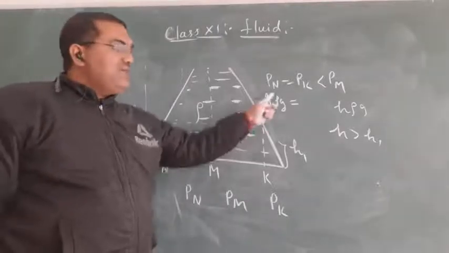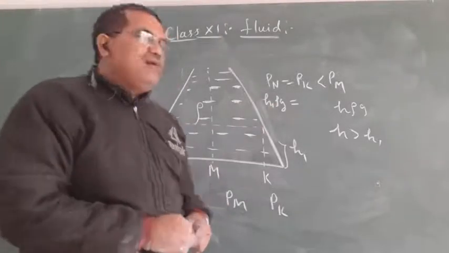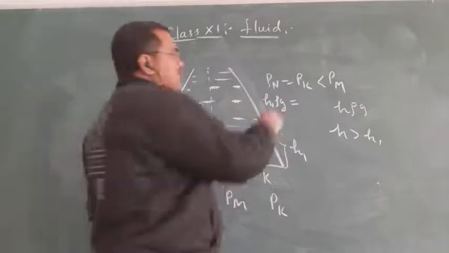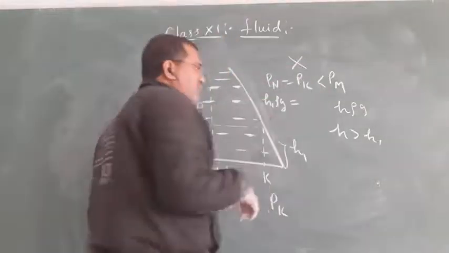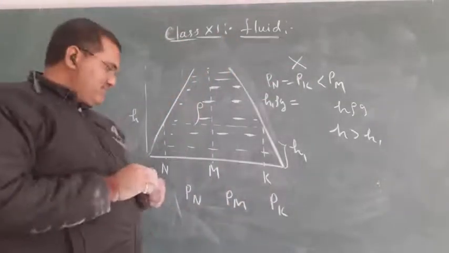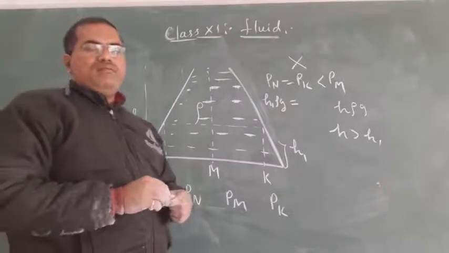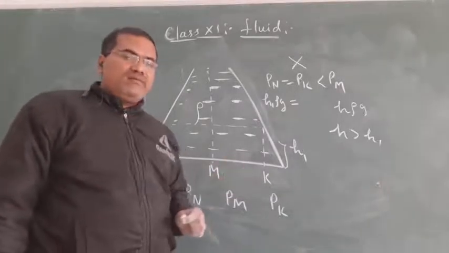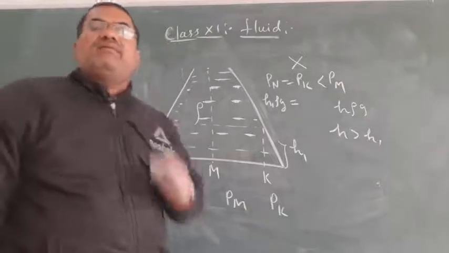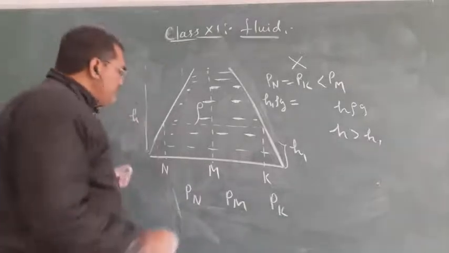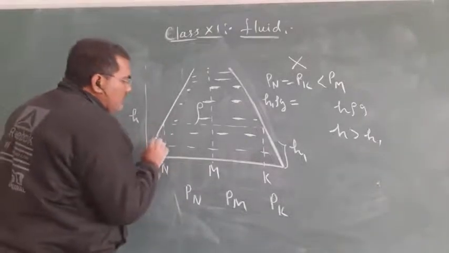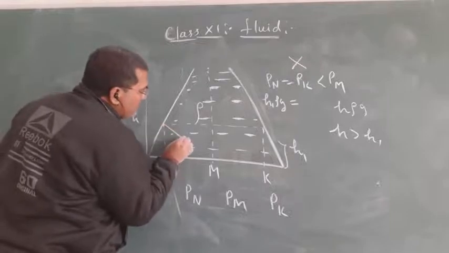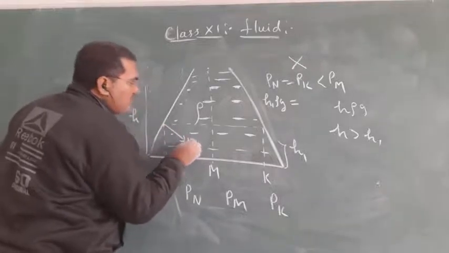Do you think like that? If you think like that, then it is wrong. Why? Listen. This is a very conceptual question, a very important question. Here, the normal reaction acts like that.